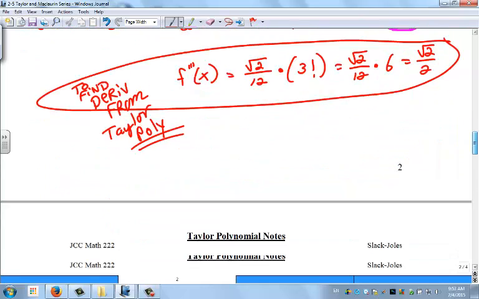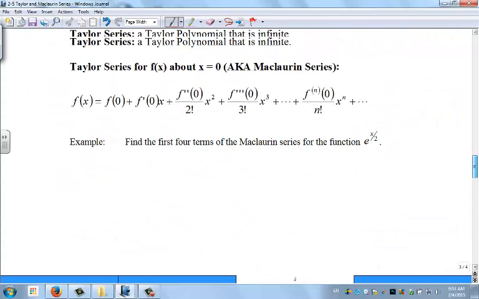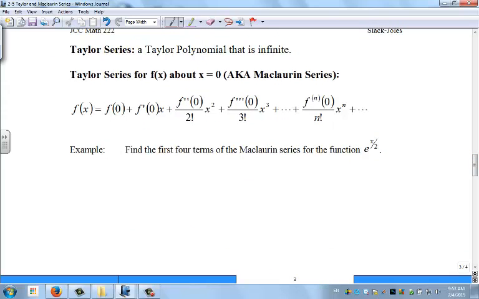So that's what we're going to do, and I'll show you how. When it's a Taylor series about x equals 0, when it's infinite, it's called a Maclaurin series. Very important to know, a Maclaurin series is a Taylor series about x equals 0. It's just a special name for the approximation near 0.